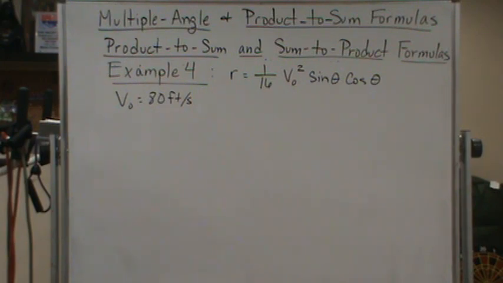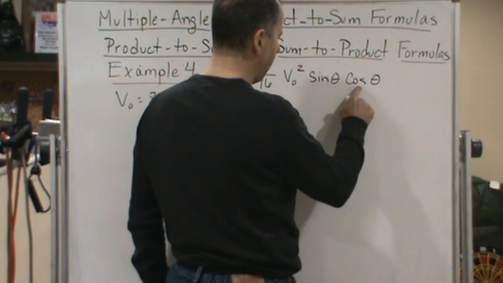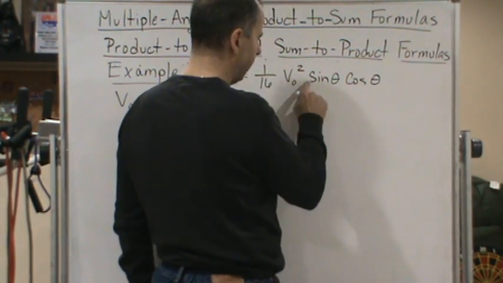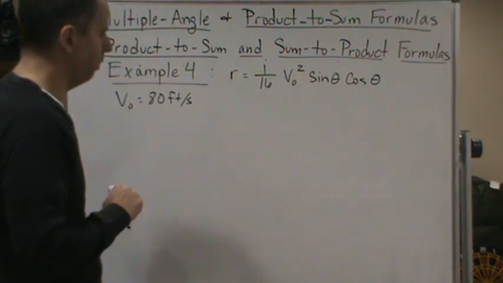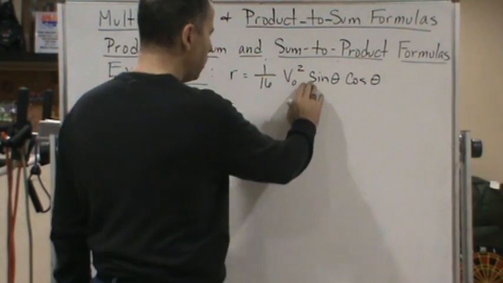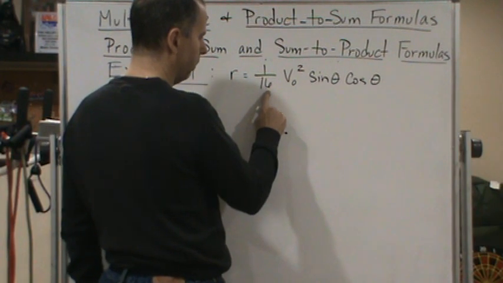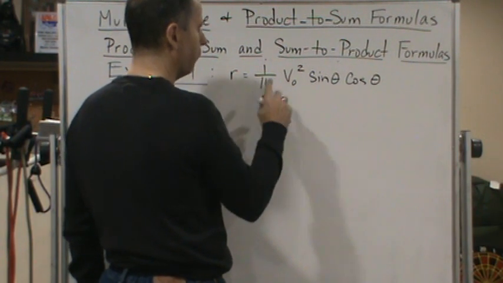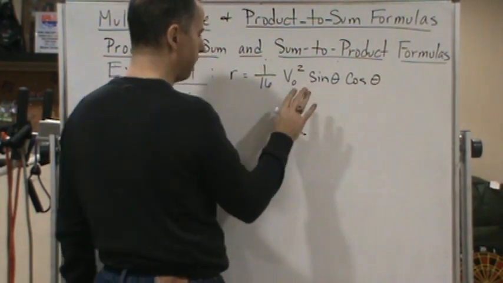So, how are we going to do that? Well, we've got sine and cosine, and if we're able to get a 2 in here, then we can use a substitution. So how do we get a 2 in here? If I put a 2 in here, I have to offset it by dividing by 2.